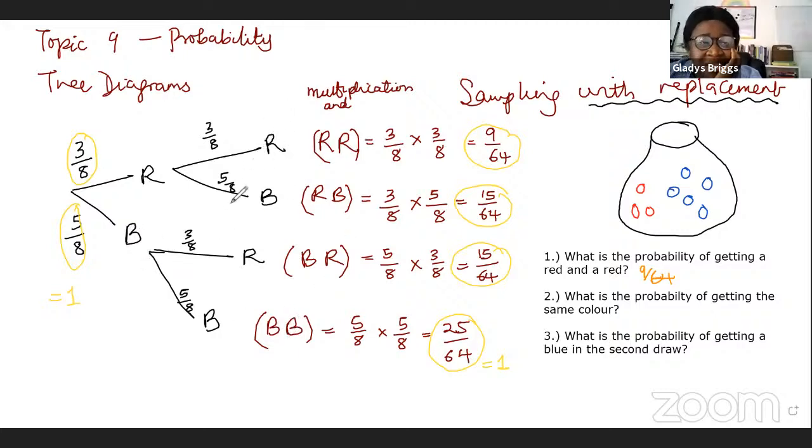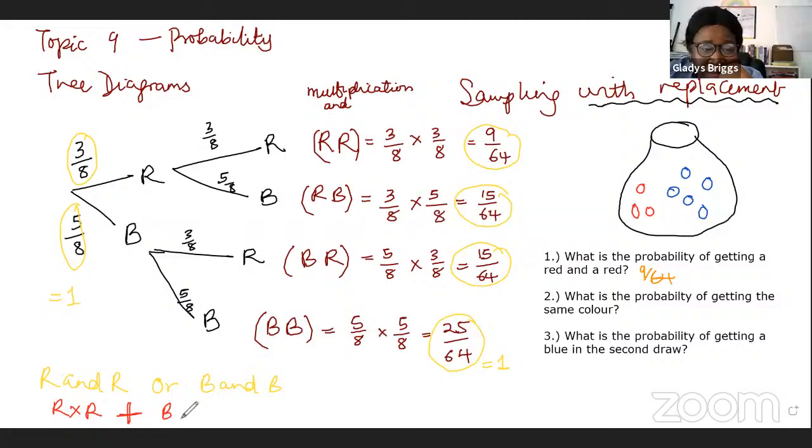So listen to the language. When I was talking about the multiplication and addition rule, I said red and red, you have to times them, and then or is the or rule, you have to add.